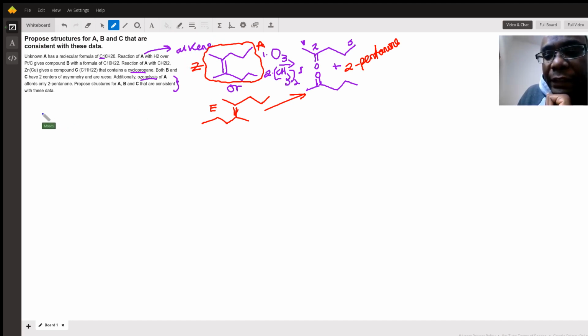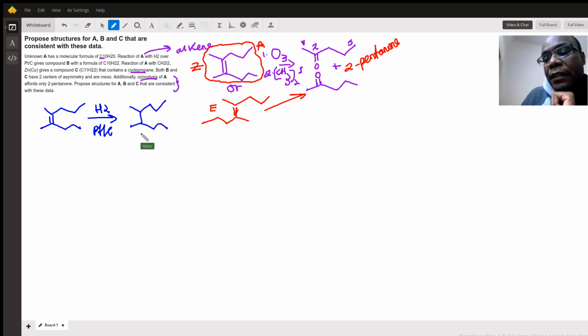If A is the actual answer, and I subject it to hydrogen gas and platinum, I should lose the double bond and gain 2 hydrogens. The 2 hydrogens will be added here. If you count the hydrogens, there are going to be 22. The carbons will be 10. That will be B.